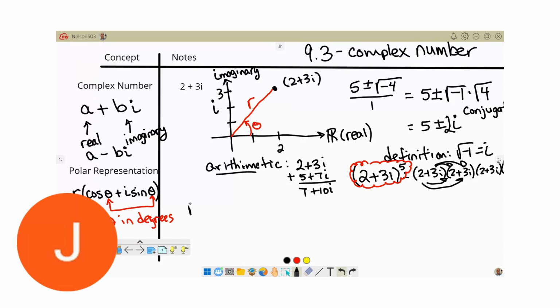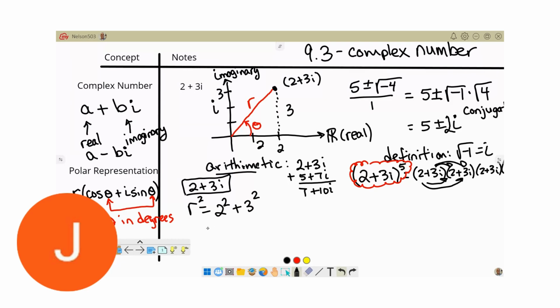If we're going to look for the r value for 2 plus 3i, which is in rectangular format, meaning you go over 2 and you go up 3, we don't know what the angle is yet, and we don't know what the r value is. Well, we would just go 2 squared plus 3 squared. That's what r squared would be equal to, because r is the hypotenuse for a right triangle with legs of 2 and 3.